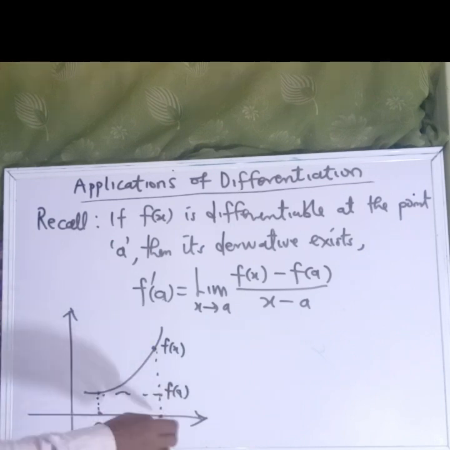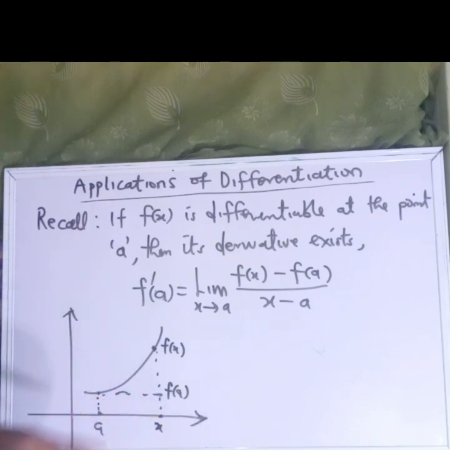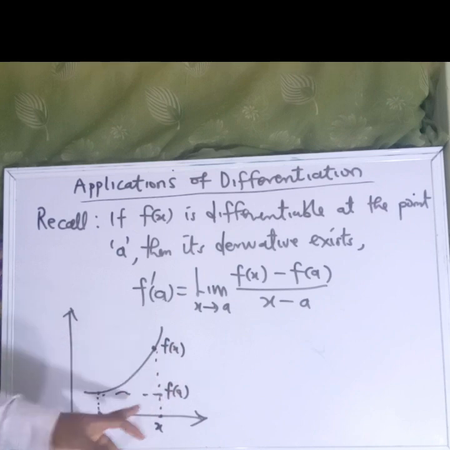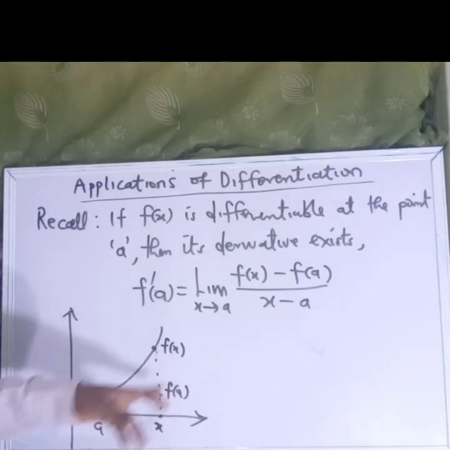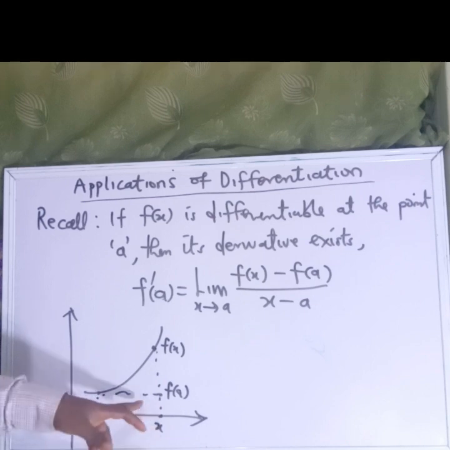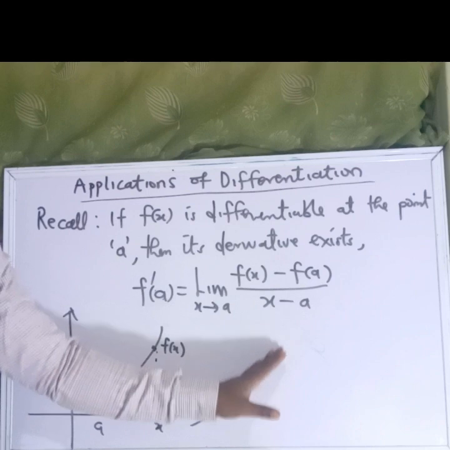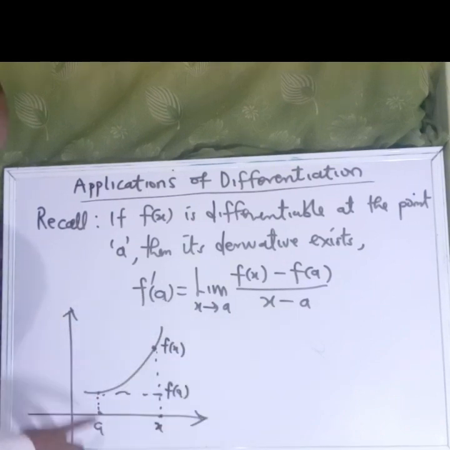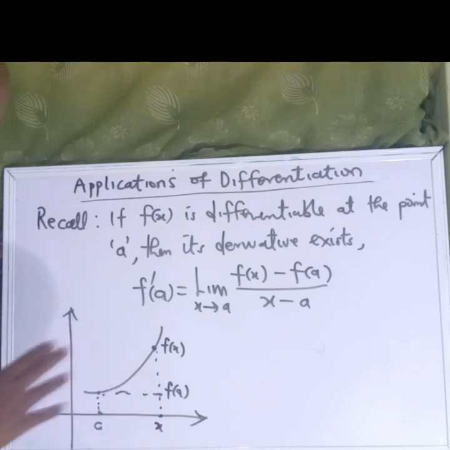So what is happening here is the total change on the vertical axis divided by the change in the horizontal axis, and that is what is happening here. Okay, where this point A is a fixed point, we are evaluating the slope at this fixed point, while this x is any other point as we have it here.